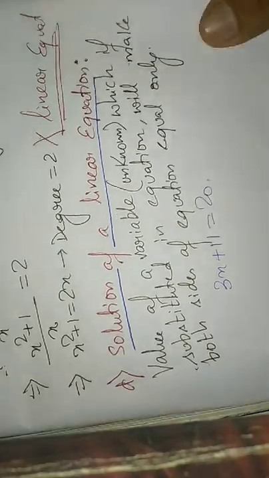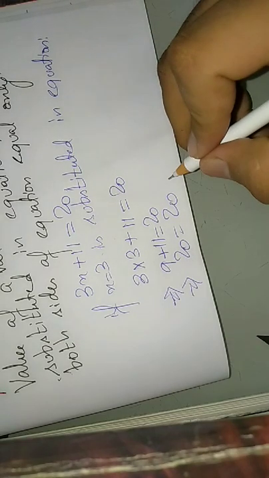If x is equal to 3 is substituted in the equation, let's see what happens. 3 into 3, because for x I've put 3, plus 11 is equal to 20. 3 3s are 9 plus 11 is 20.